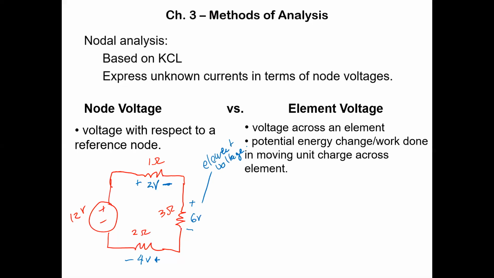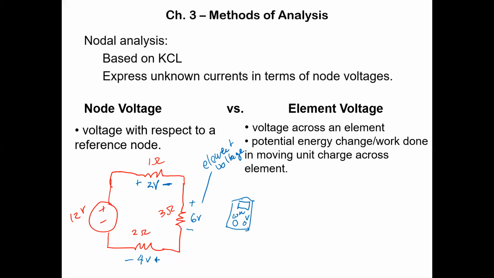And how would we measure these element voltages in the lab? With a voltmeter. And where would you connect the voltmeter? In parallel with the element, right? So if I was going to measure the 6 volts on my voltmeter, one of these things is common, and the other of these things is volts, right?